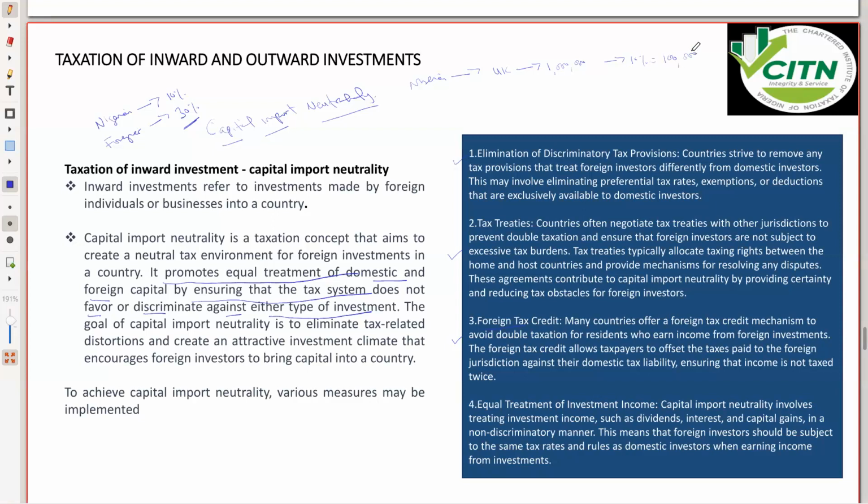So let's say when you bring that income into Nigeria, because the concept of residence is the default rule, you pay tax where you reside. Let's assume that in Nigeria, you're meant to pay a tax of 30%.